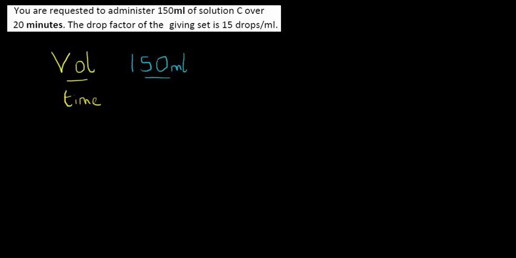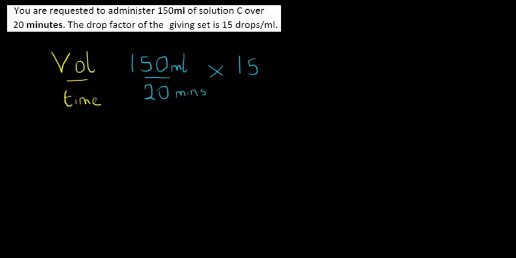My time is 20 minutes. And finally, we have an occasion where we do have to take extra care with our units. We now have mils over minutes, or mils per minute, so we only multiply by the drop factor. There is no 60 on the bottom because we already have minutes expressed correctly.